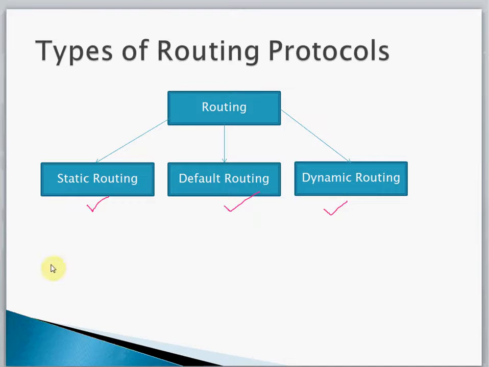So let's see. First we will see static routing. Static routing is where the administrator needs to configure it manually, and we need to know the destination address. Mandatory to know the destination network ID.